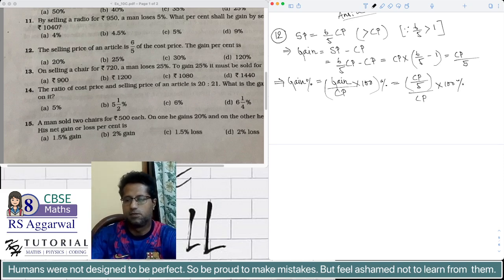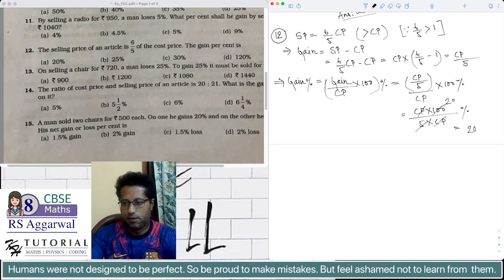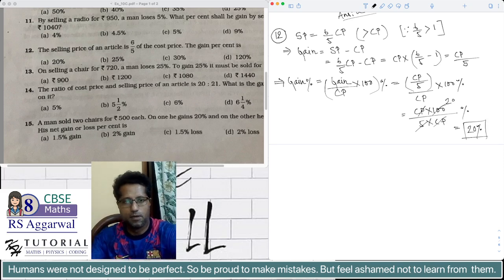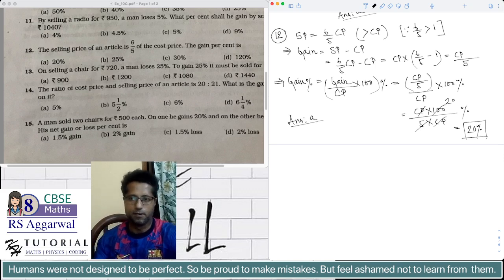This is equal to CP multiplied by 100 divided by 5 multiplied by CP. CP cancels out, 5 divides 100 with 20. So this is equal to 20 percentage. So there is a gain percent of 20 percentage, and hence the correct answer is A. The correct choice is A.